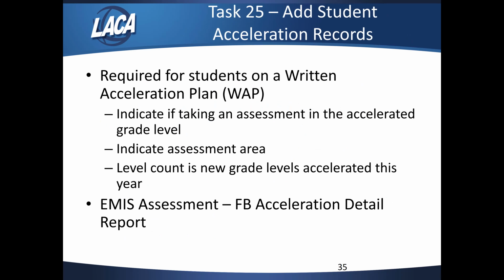Okay, student acceleration and third grade reading guarantee. The acceleration record is required for students on a written acceleration plan. If they're taking an assessment in the accelerated grade level, you indicate that and also indicate the subject area. Here is the confusion level.